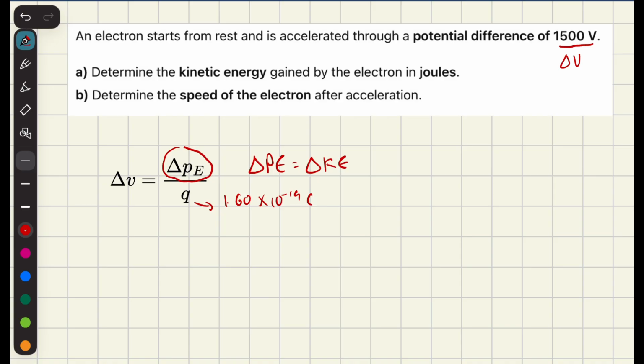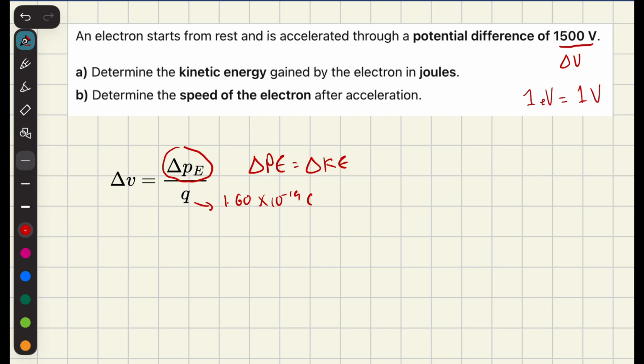Now, why am I linking this with this video? Because although they give us volts here instead of electron volts, for the electron, a shortcut is to remember that 1 electron volt is a volt that's experienced by just the electron. So 1 electron volt is essentially the same as saying 1 volt.